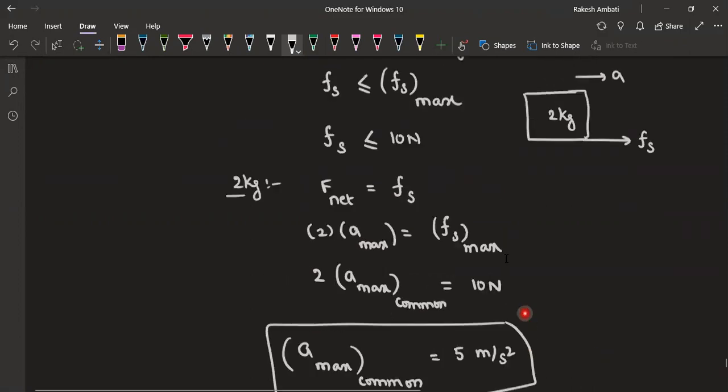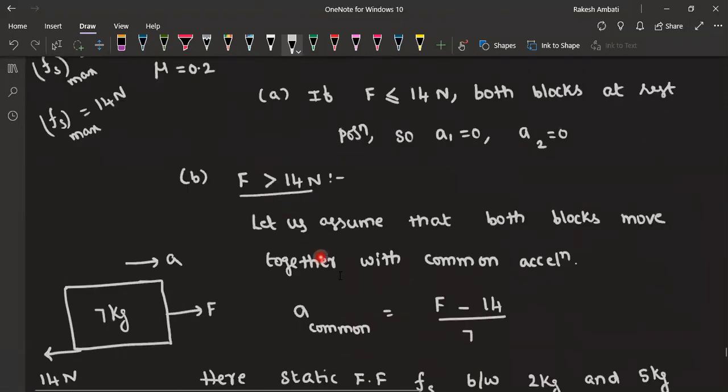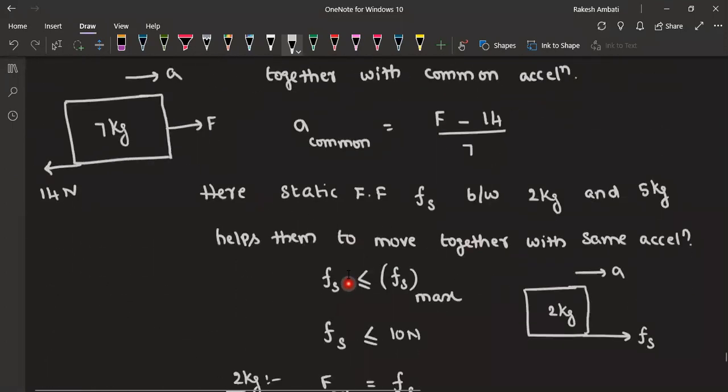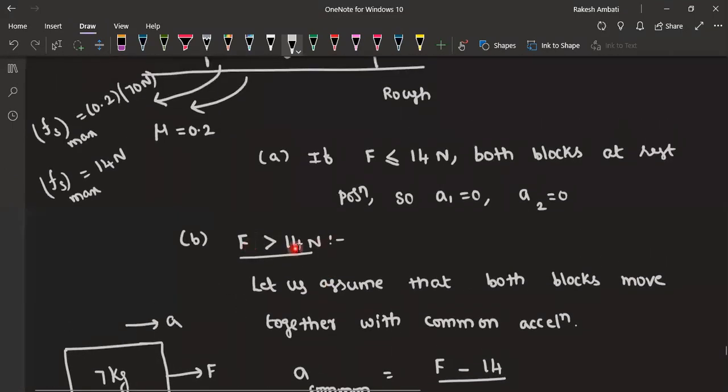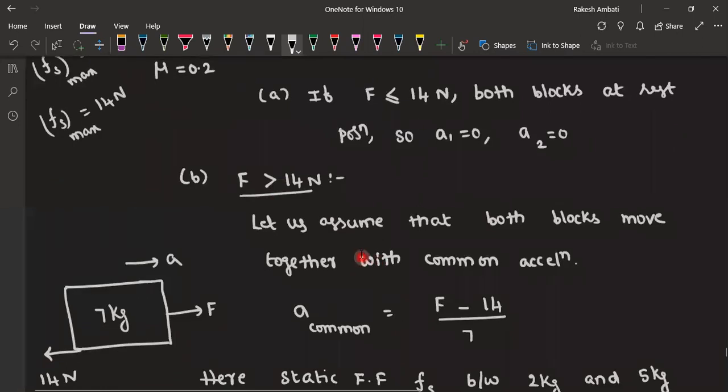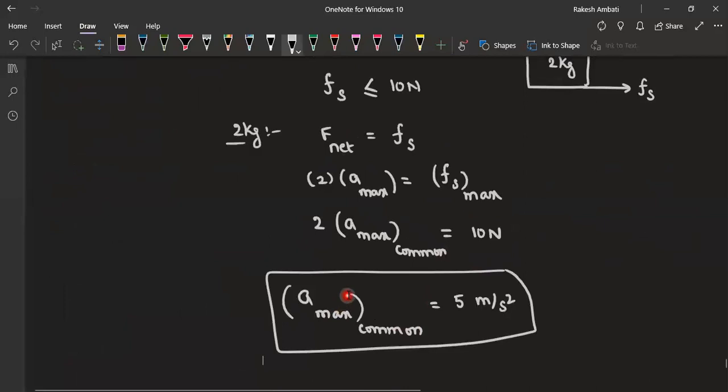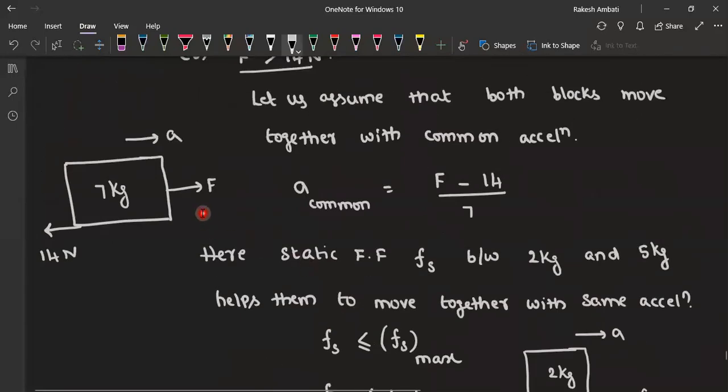Now listen here. If F is greater than 14 Newton, what is the first assumption we are making? They're moving together with a common acceleration, and we got the maximum common acceleration. Now the question is, up to what maximum force do they move together?